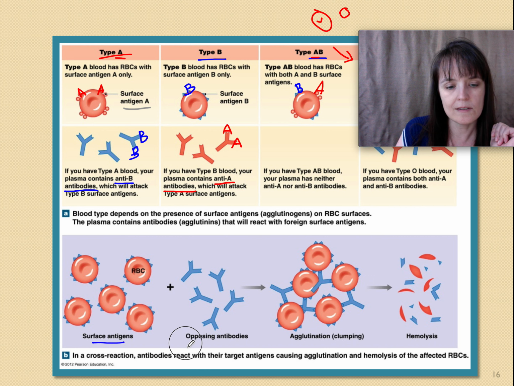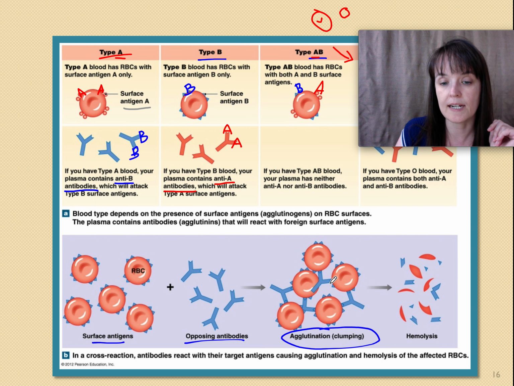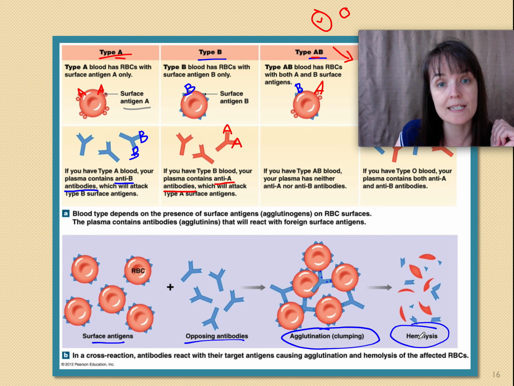What that looks like, more or less, is an agglutination, which is a clumping, because the anti-B antibodies attach to the B surface antigens, and then that causes hemolysis. Hemo means blood, lysis means a loosening of, so it explodes your red blood cells.